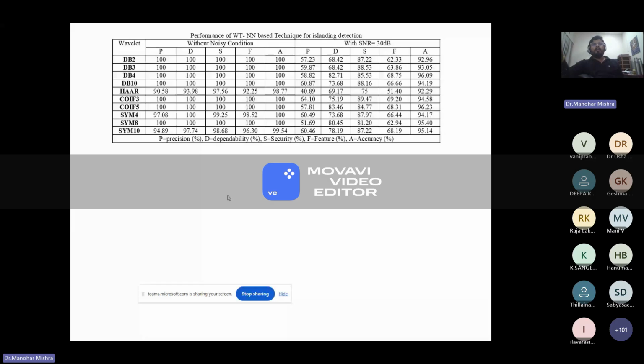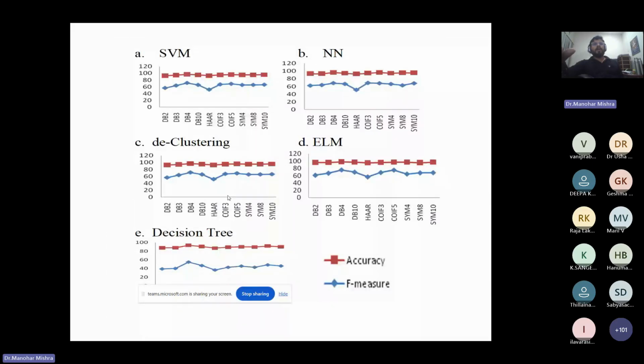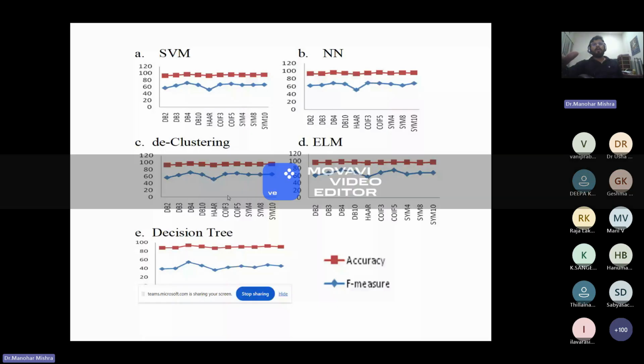The decision tree that we made previously performed at about 99 point something, but here it is 100% accurate. Then we applied SVM, support vector machine, and this is a comparison of the accuracy and F measure, or F1 score, that we compared. Here we found that the extreme learning machine performed better compared to the others.